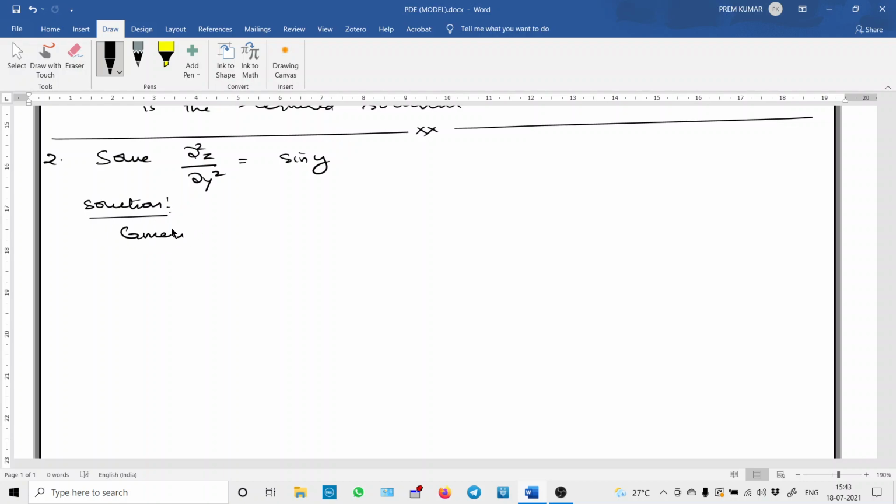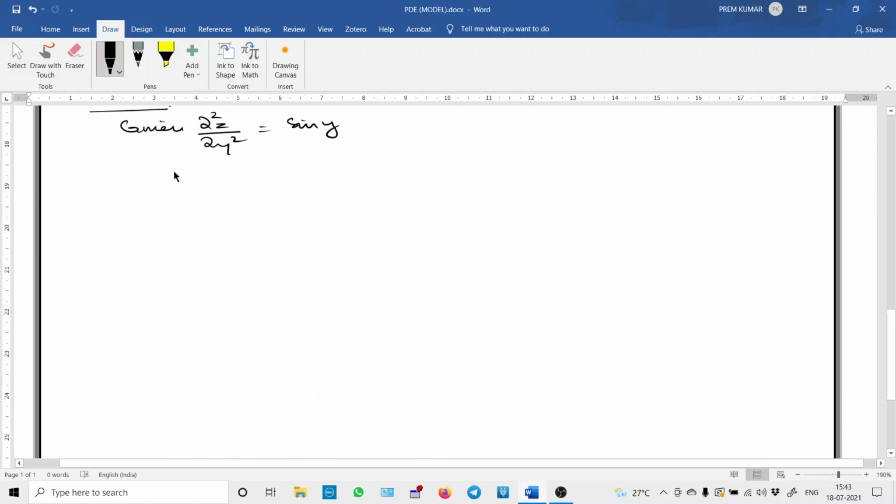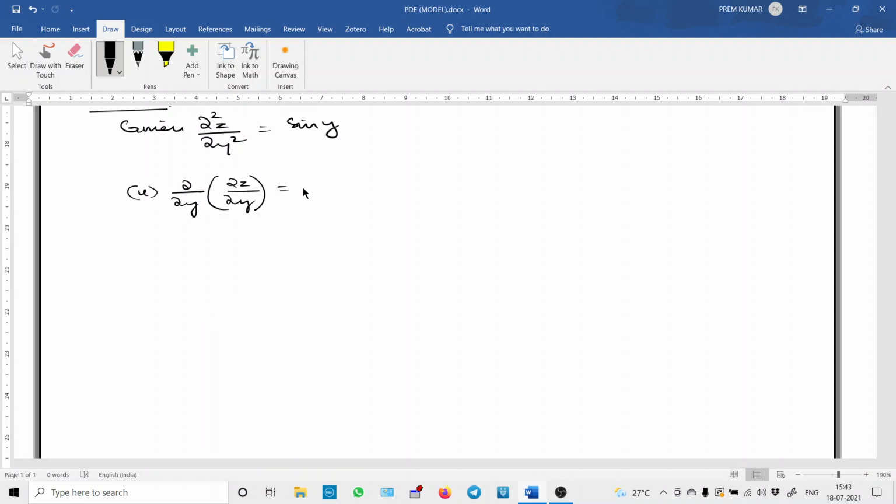Given ∂²z/∂y² = sin y, same as the previous problem, this can be written as ∂/∂y of ∂z/∂y = sin y.